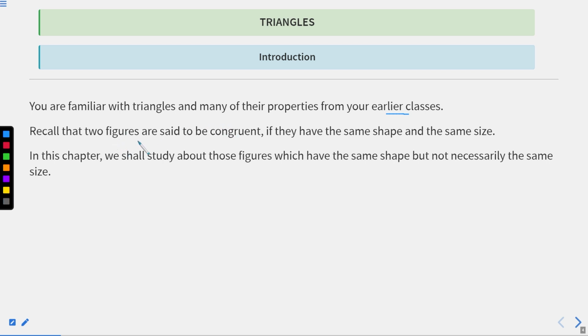Recall that two figures are said to be congruent if they have the same shape and the same size.